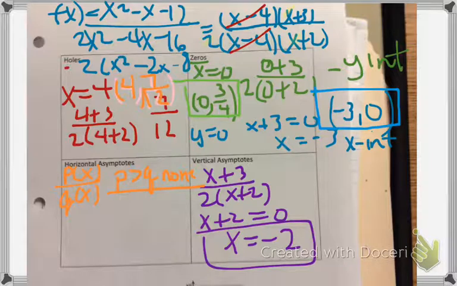So if I had an x to the 4th over an x squared, a 4 is higher than a 2, so we wouldn't have a horizontal asymptote. Let's go to the next. If the degree of P is less than the degree of Q, the asymptote will be at y equals 0.